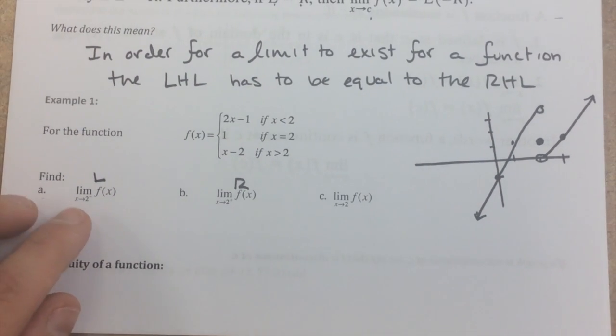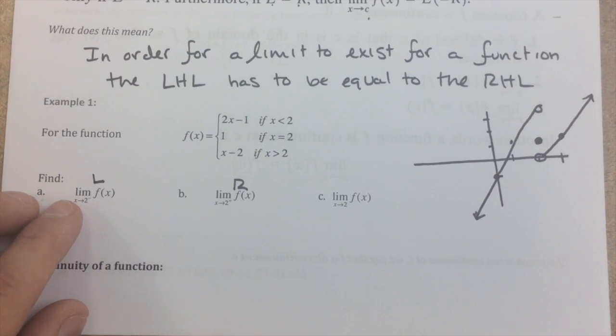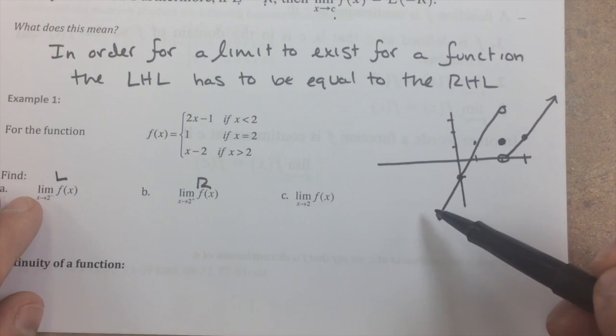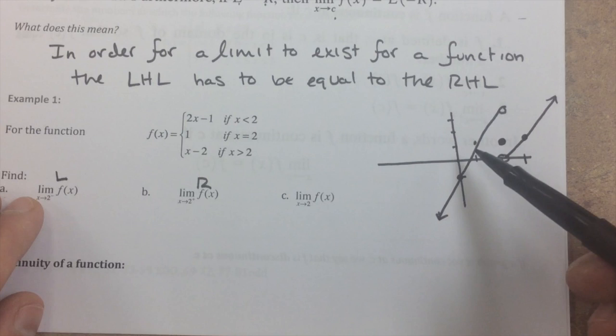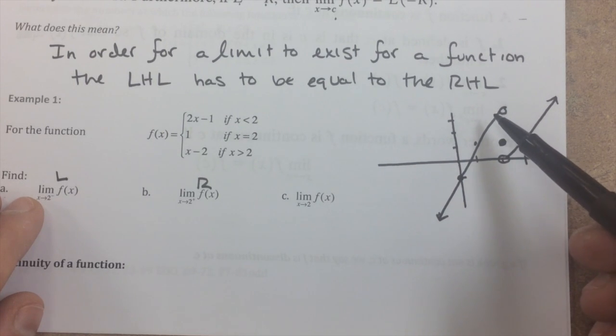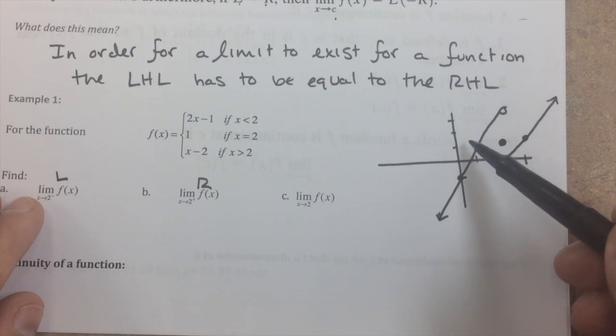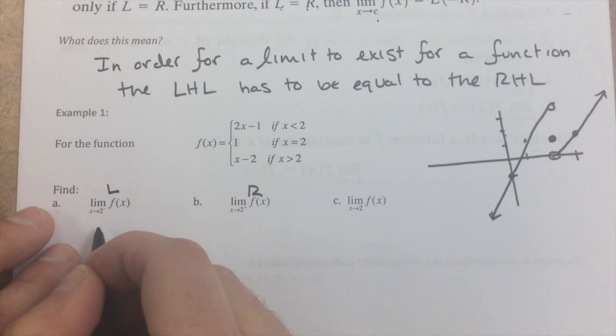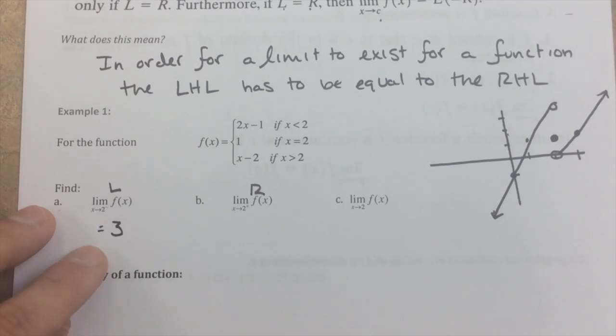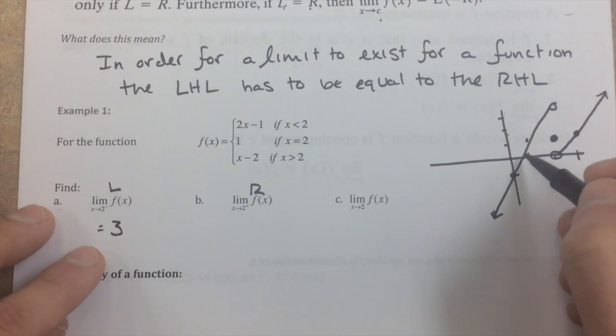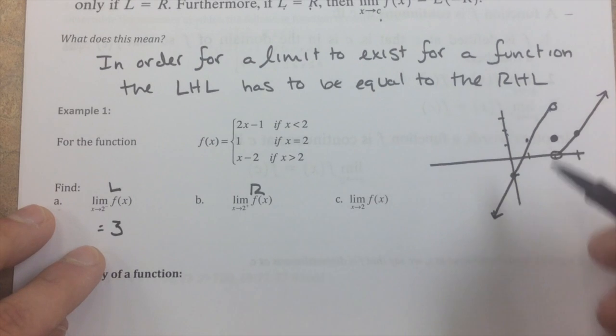So if we're approaching 2 from the left, we're getting closer and closer to this value right here, which is 1, 2, 3. So our left-hand limit is equal to 3.